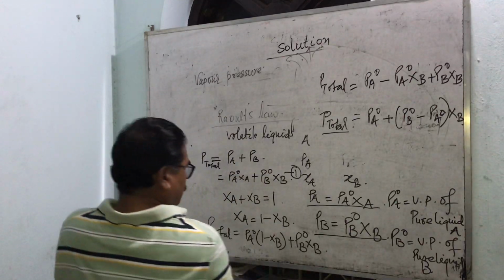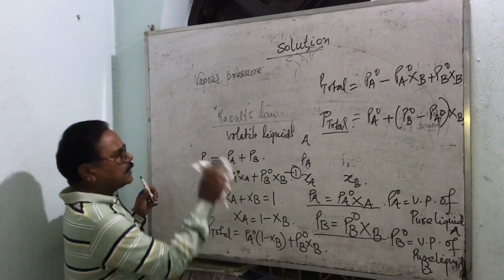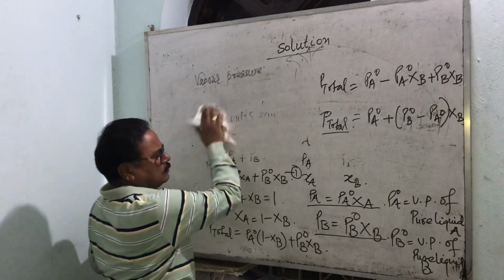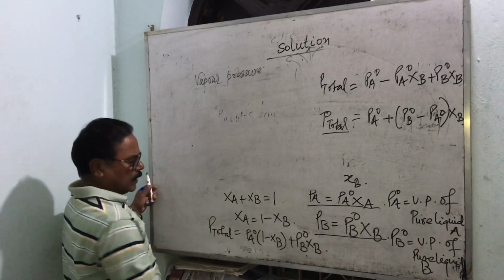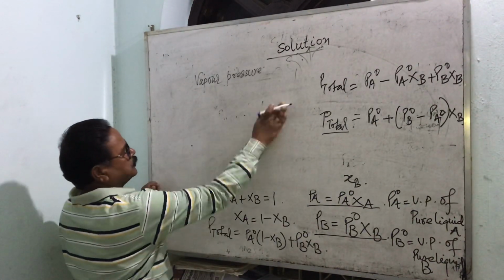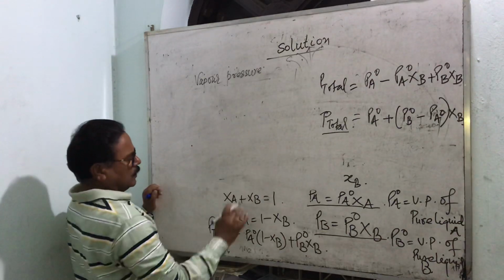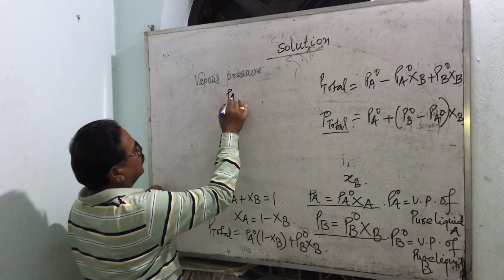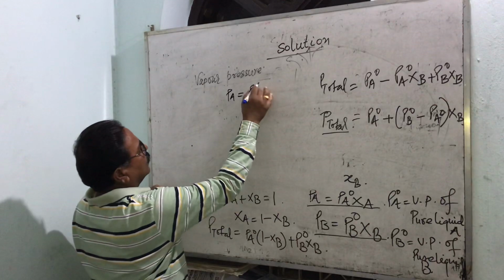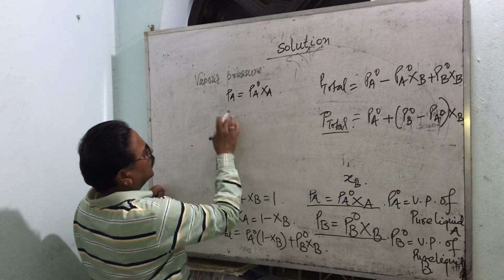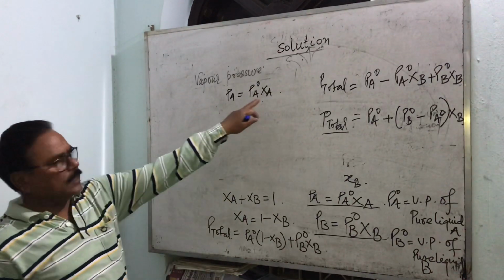So now how can it be related graphically? For the graph plot, suppose this is PA. What is PA? PA is equal to PA naught into XA. So when we plot the graph, it is a straight line equation.